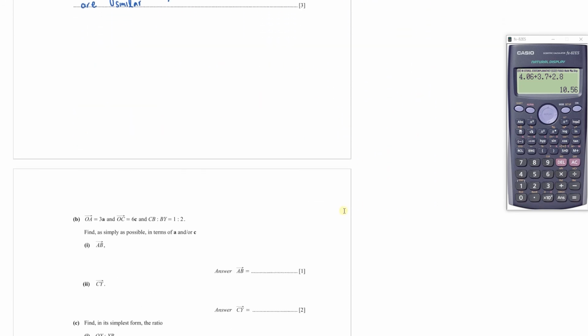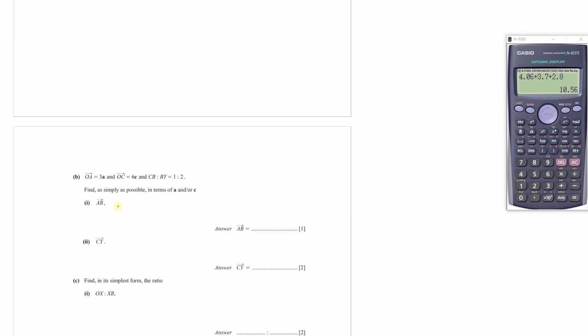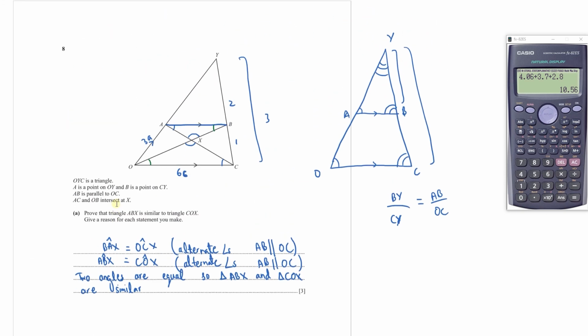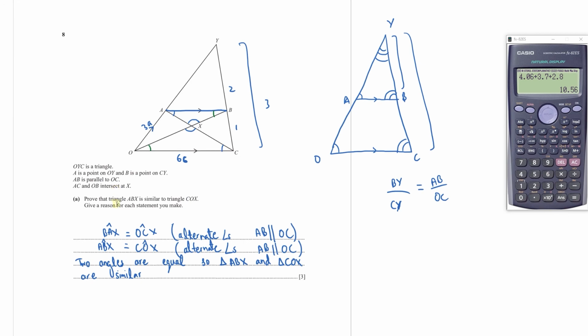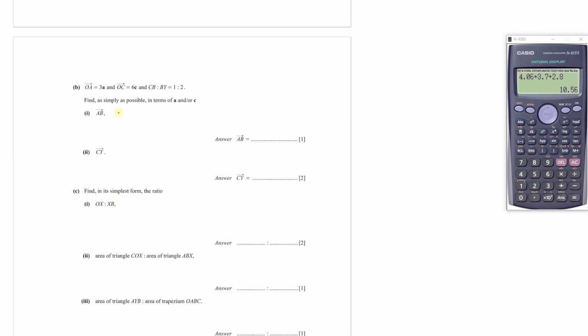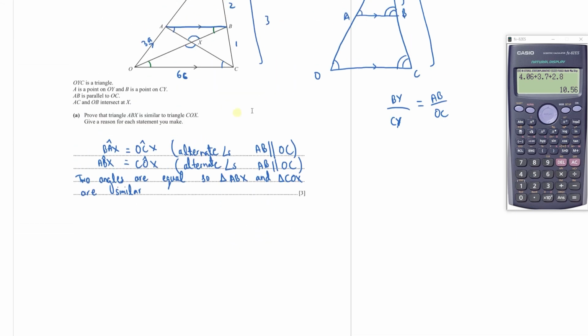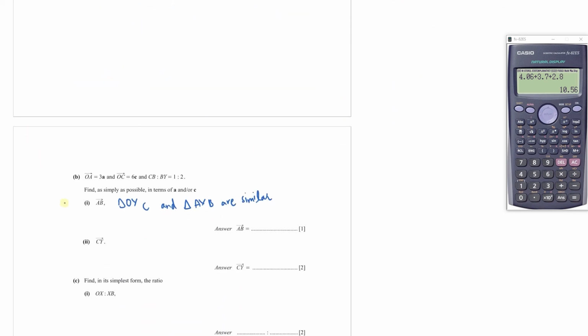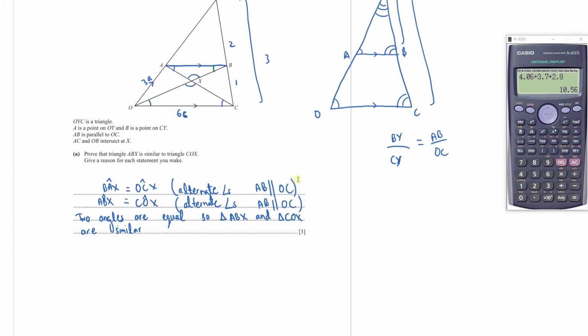So let me write it down here. Triangle OYC and triangle AYB are similar. This gives us these ratios: BY over CY equals AB over OC.